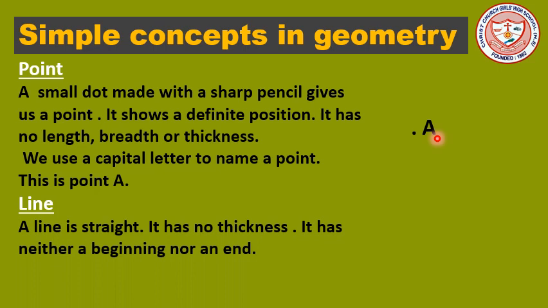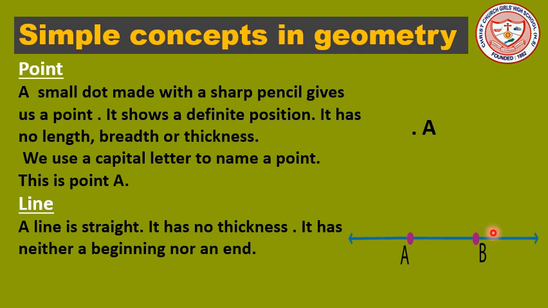Next, line. A line is straight. It has no thickness. It has neither a beginning nor an end. This is a line. You can see that it has no thickness. It has neither a beginning nor an end.